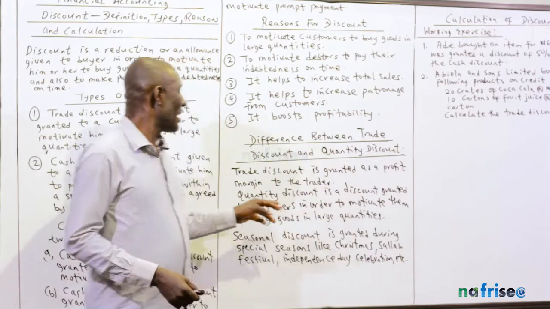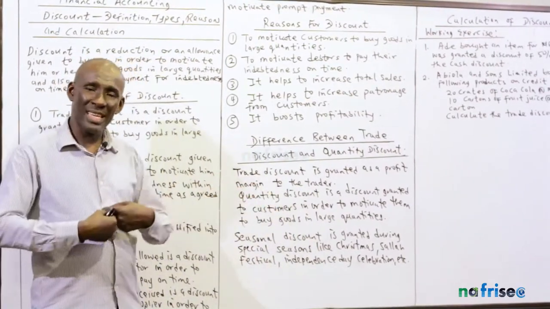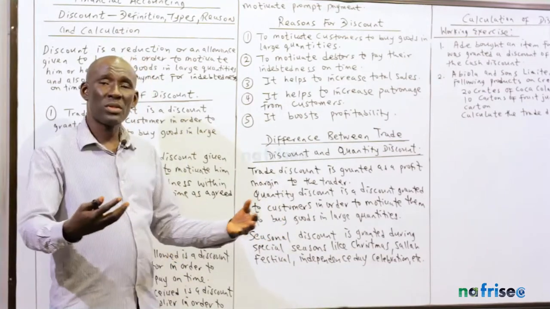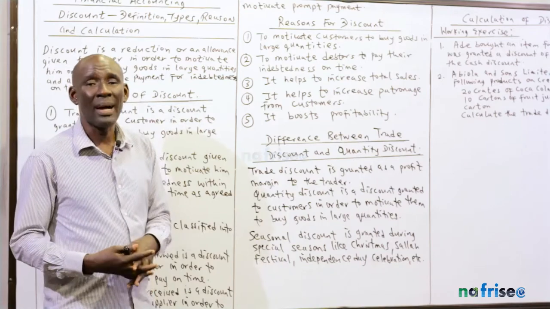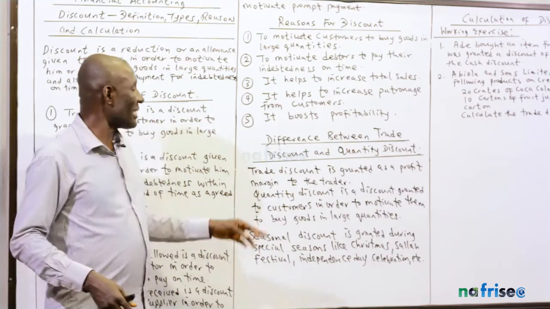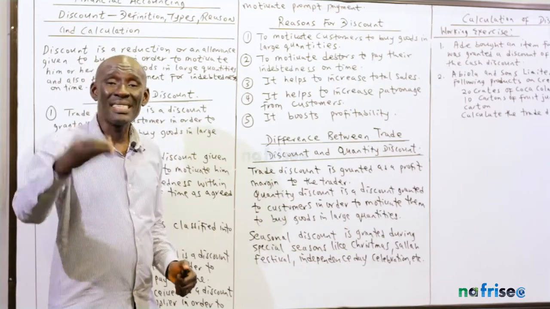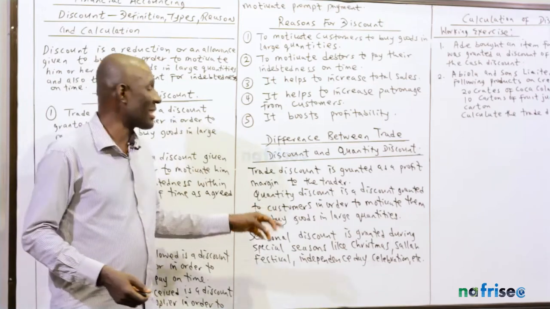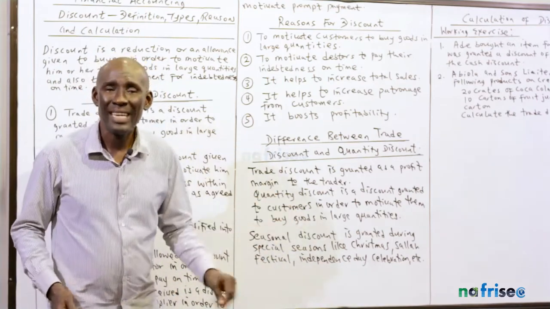That 20 naira difference represents the trade discount, which is a profit margin to the trader, the retailer. Now, when he has bought that recharge card at that rate, and a customer approaches him who wants to buy it in large quantity, he gives a discount for the purchase in large quantities, and that is where we have quantity discount.